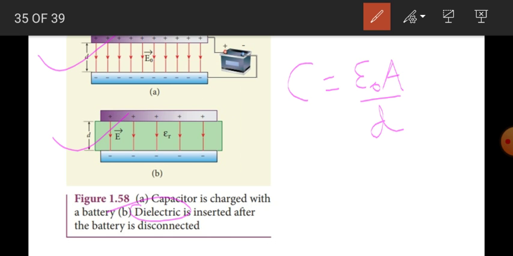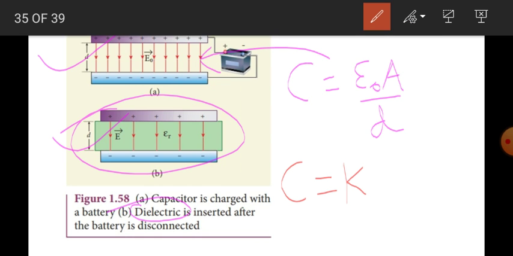So this is for this capacitor, air filled. For this capacitor in which I have inserted a dielectric, my equation will be K times epsilon naught A by d. इसका मतलब है if I take it as the original capacitance, the final capacitance after inserting a dielectric will be like this.